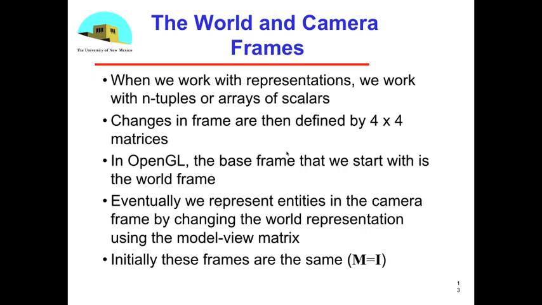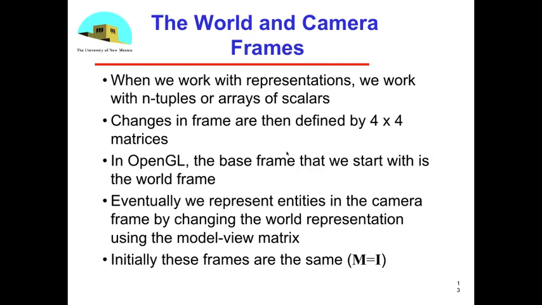Okay, so everything I say here, you're going to have to create these matrices or take the matrices out of the package that we've given you, but we're going to follow this notion of having what's called the model view matrix, which is going to be the matrix that carries us from the world representation or the object representation to the camera representation, and that's going to be one of 2 key matrices that we're going to be working with throughout this course, the second one being the matrix that does the projection.